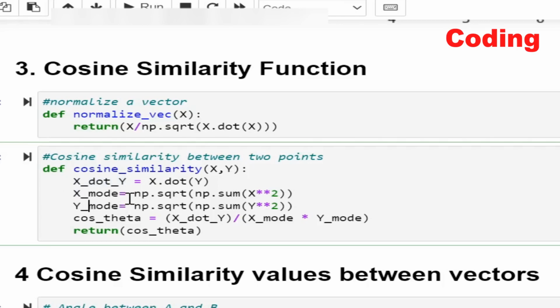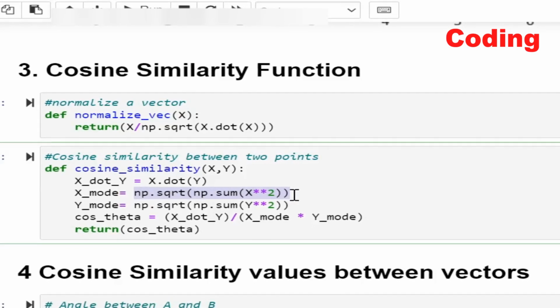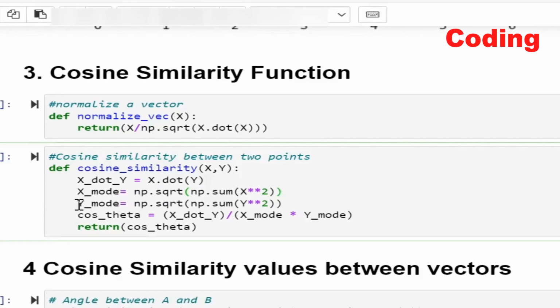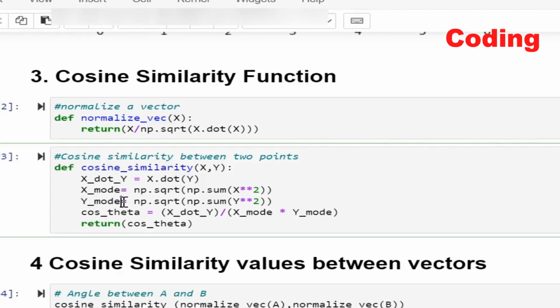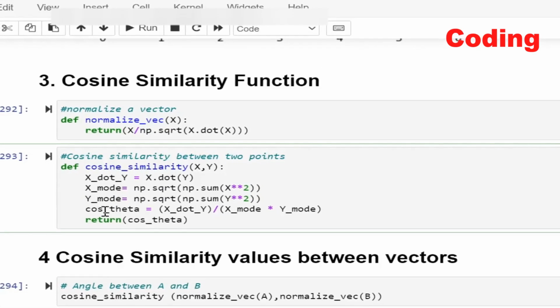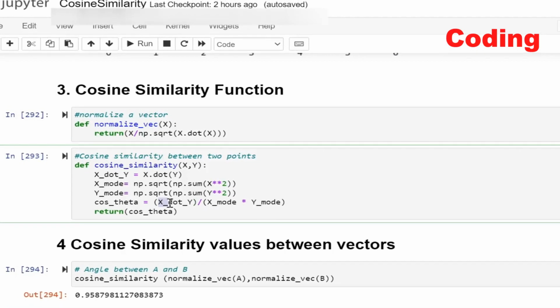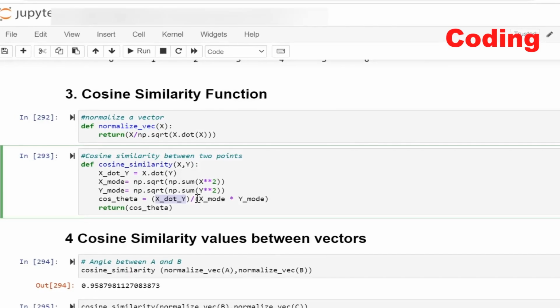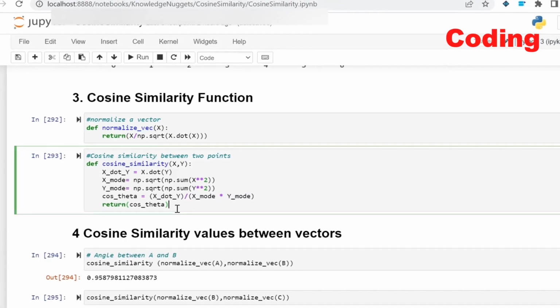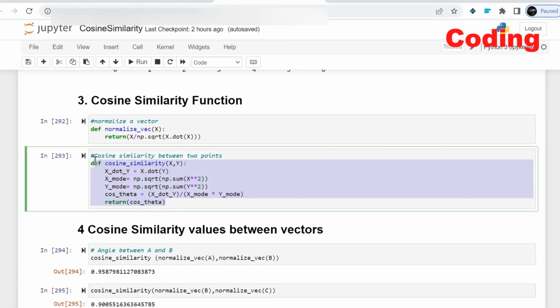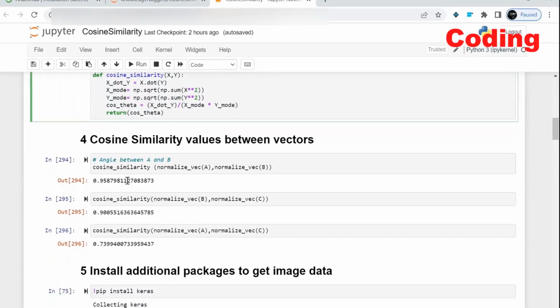Then we find the length of the x vector by summing up the square of each of the elements and then taking the square root of it. Next, we find the length of the y vector in a similar way, and we use the formula of cosine similarity to find the value of cos theta and return it here.